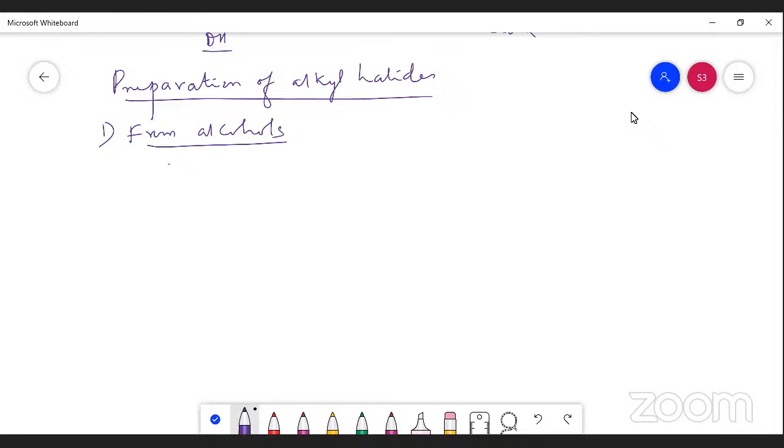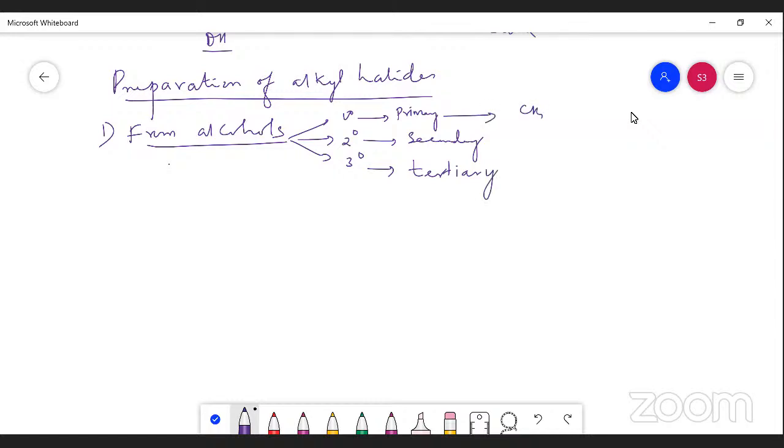You take alcohols. What are the types of alcohol? You know that alcohols are further classified into primary, secondary, tertiary alcohols. Primary is nothing but CH2OH, with CH3OH being the exception.